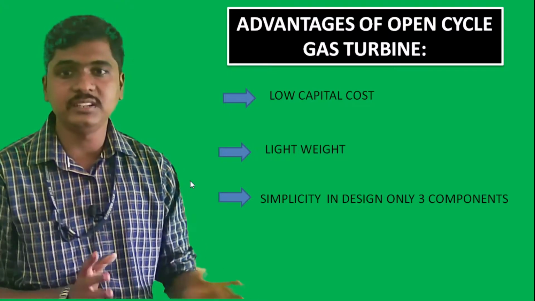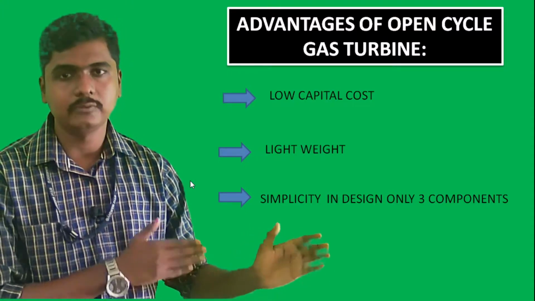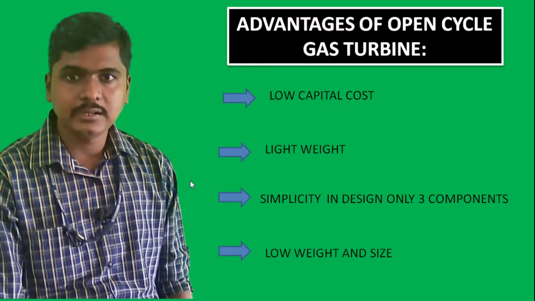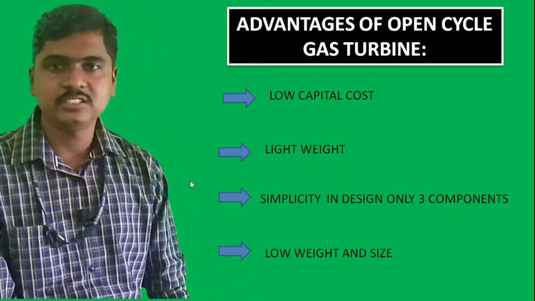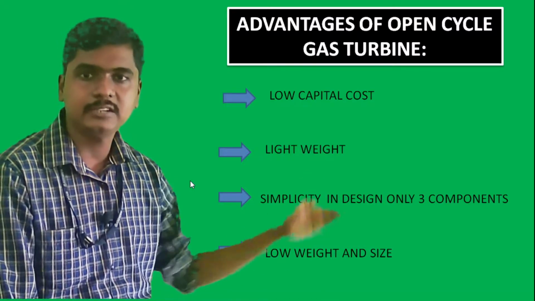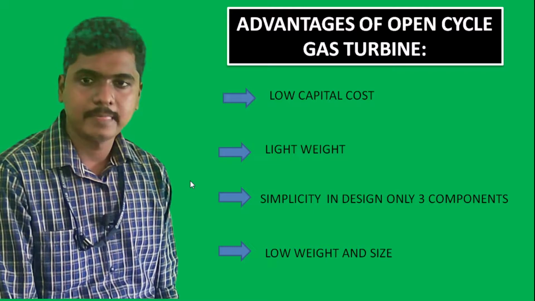Next is simplicity in design. The design process of an open cycle gas turbine is very simple, and the weight and size of this type of power plant are also very small. These are some advantages of open cycle gas turbine.